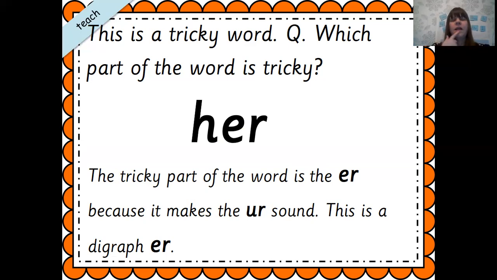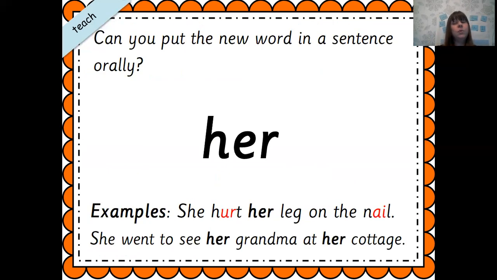But first of all, I'd like you to think about putting this in a sentence. Remember, orally first. So just look at your adult, the person next to you. I will give you 2 examples, then pause the video and think of 3 more examples. I've got 2 here. She hurt her leg on the nail. Oh dear. That's my first sentence.